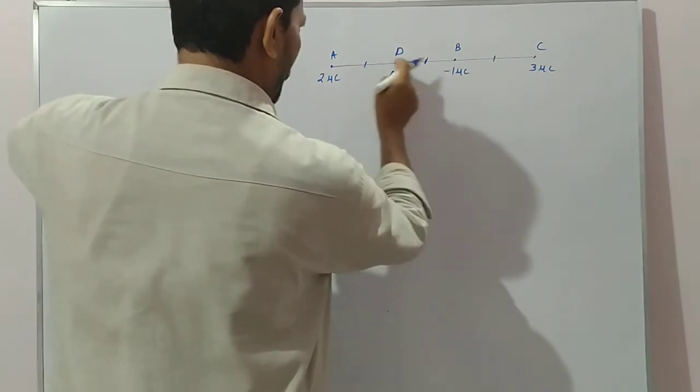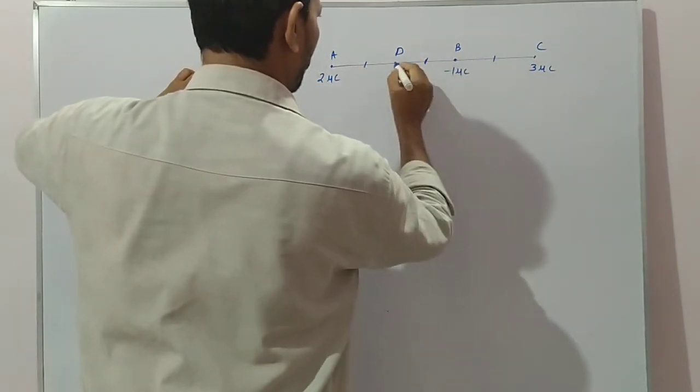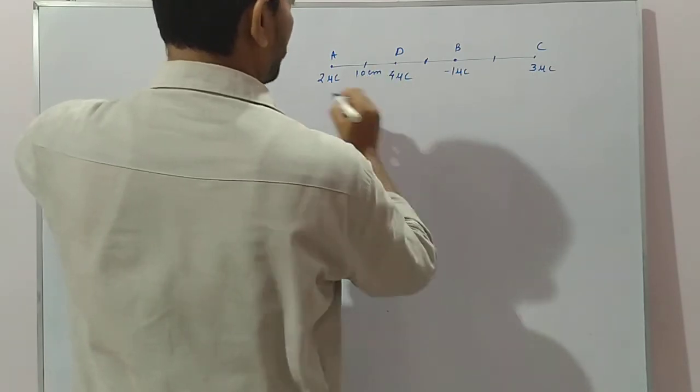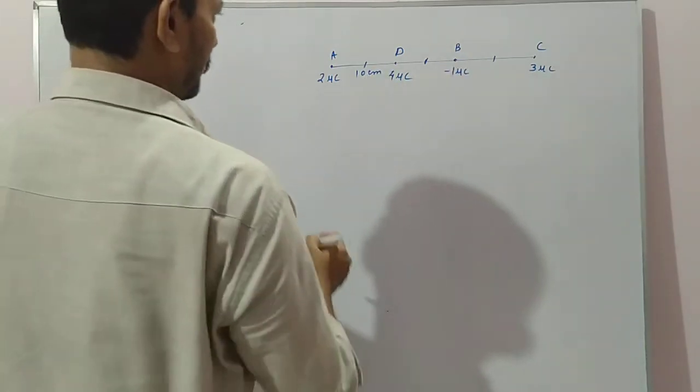Number 1, they are at equal distance, and each distance is 10 centimeter. All are 10 centimeter.